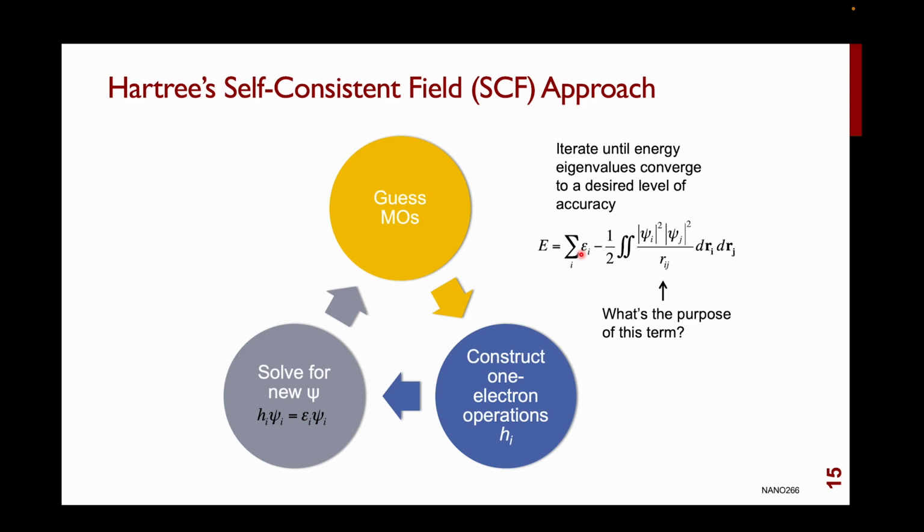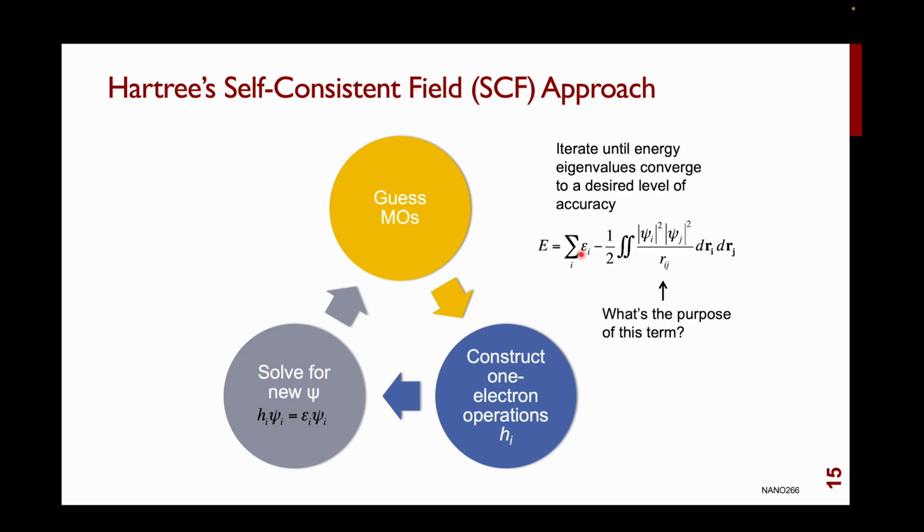So I'm double counting. This is basically just a double integral of the charge density of my electron 1 with all the pairs of electrons. So I'm subtracting half of this energy because I've already counted this energy twice in my summation of h_i, and this is why that subtraction is needed.